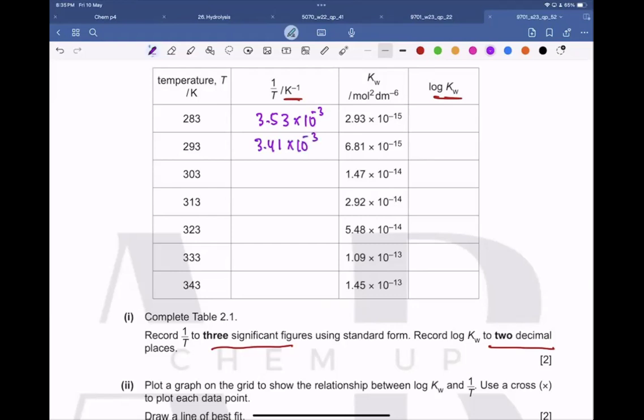Okay, next, please. 3.30 exponent minus 3. Okay, 3.19 exponent minus 3.